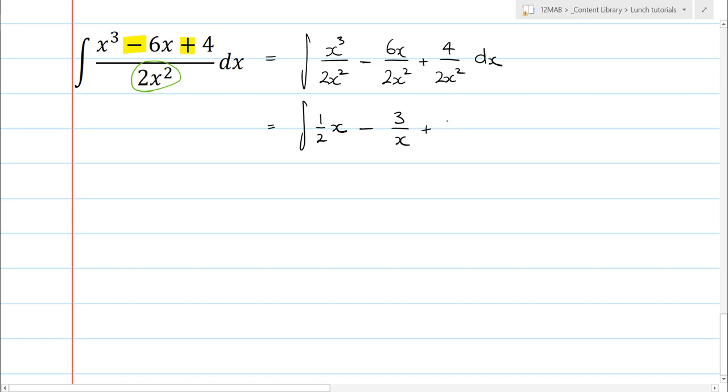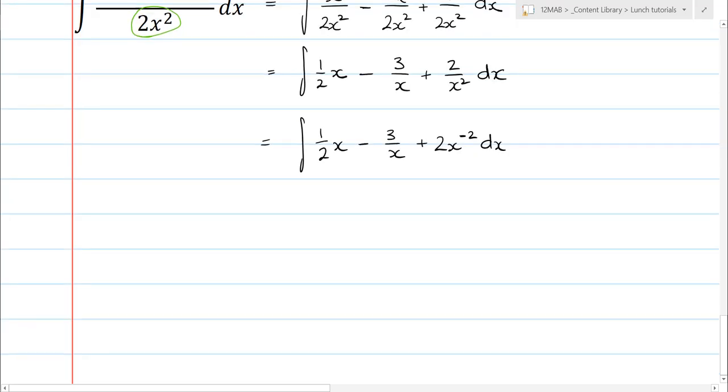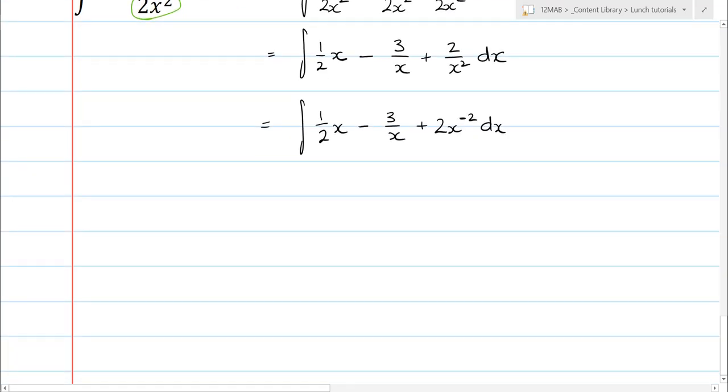And the last one is 2 over x squared dx. Now, the first 2 terms are fairly easy to deal with. The last one's still a bit tricky. I have to just make sure I make one last rearrangement of that. Half x minus 3 over x plus 2x to the negative 2, with respect to x.